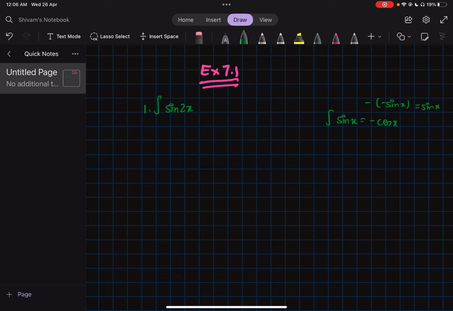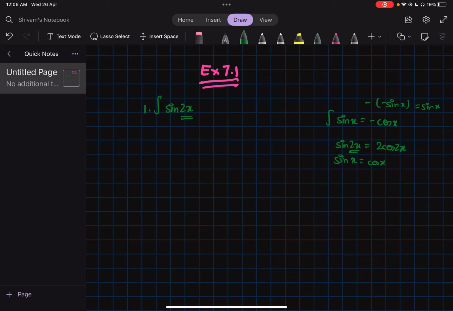But then we see that the argument here is 2x. So if you had differentiated sine 2x, you'd get 2 cos 2x, right? So it's different from if you just differentiate sine x, because you also multiply by the derivative of the argument according to chain rule. So in antiderivatives too, you do have a chain rule.